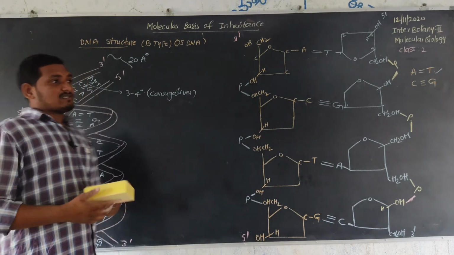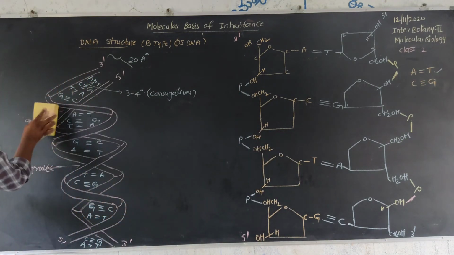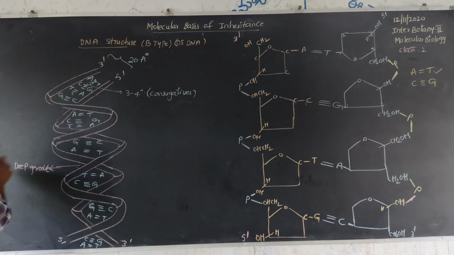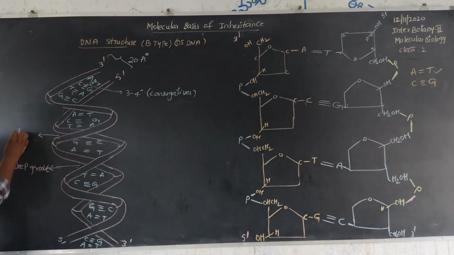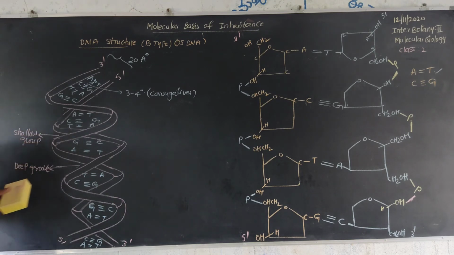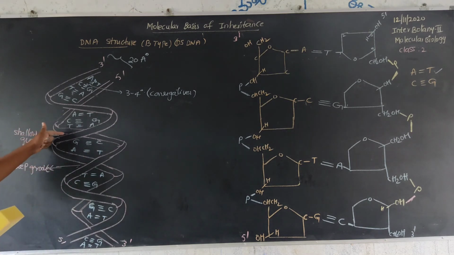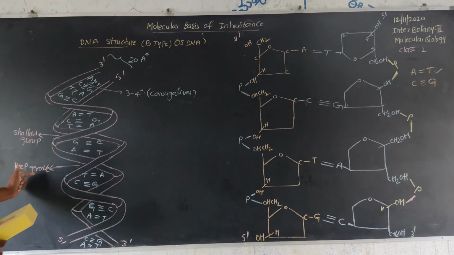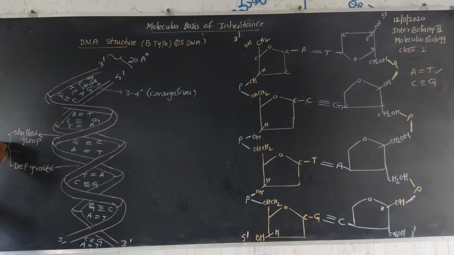The shallow groove is a small groove. Next, the deep groove. This shallow groove and deep groove together span 34 angstroms.